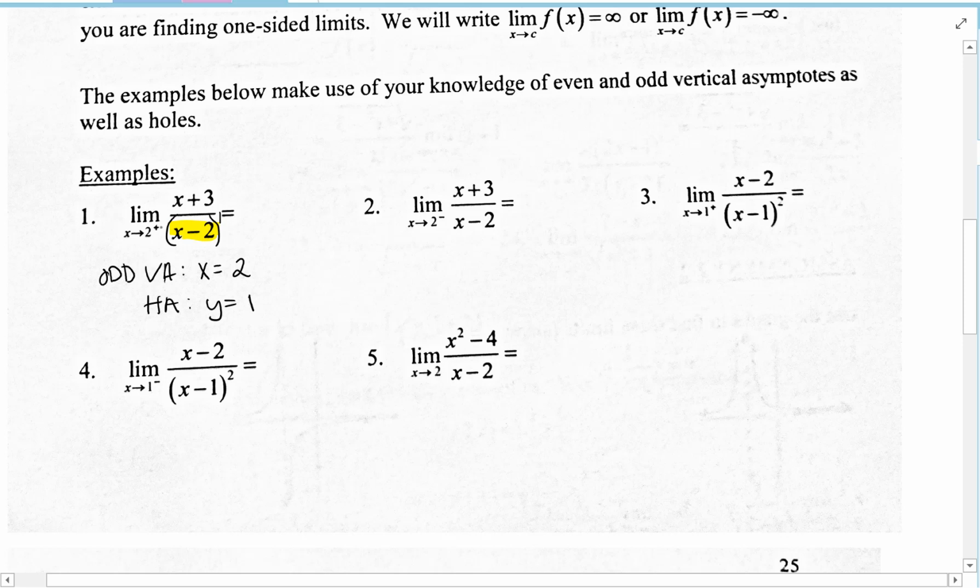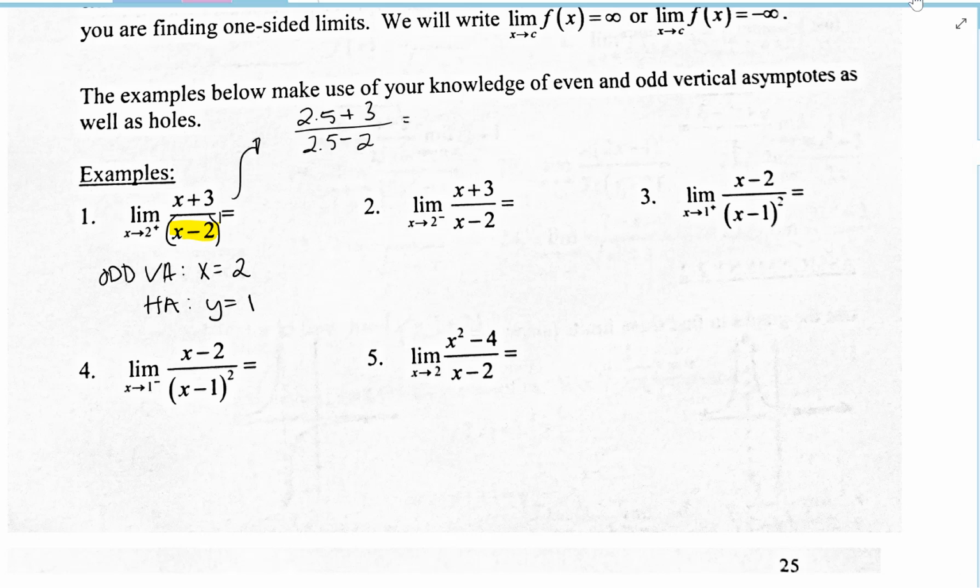Okay, so now I'm going to plug in a value that's a little bit to the right of 2, so 2.5. And here's the thing, because there's a horizontal asymptote at 1, meaning the end of this function as it goes further and further away from the origin will end up getting closer and closer to 1, but not crossing it, then we just need to figure out, is a value that I plug in to the right of 2 going to give me something greater than the horizontal asymptote, or something less than the horizontal asymptote?